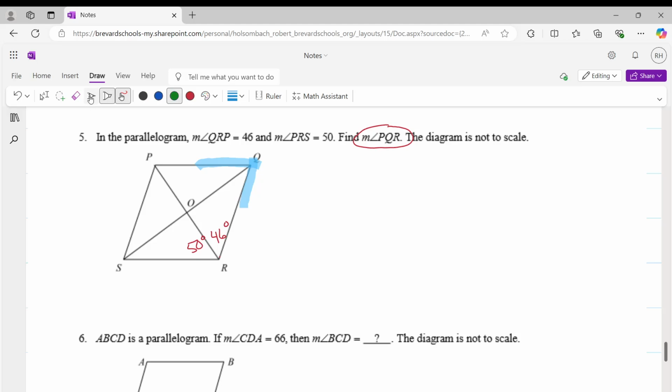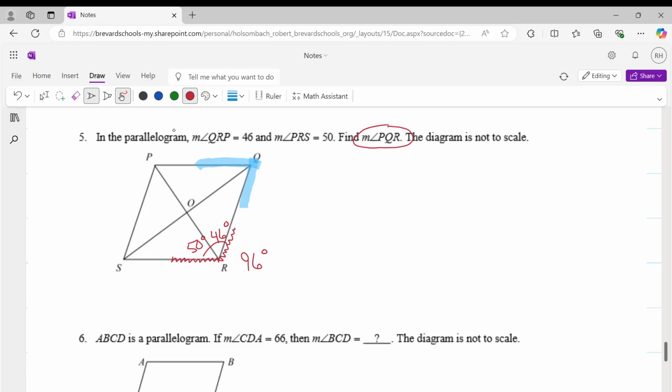Okay? So the first thing we're going to do is find the measure of this angle down here. And that angle, this angle SRQ, is equal to 50 plus 46. So the 50 plus the 46 is 96 degrees. So this whole angle is 96 degrees.